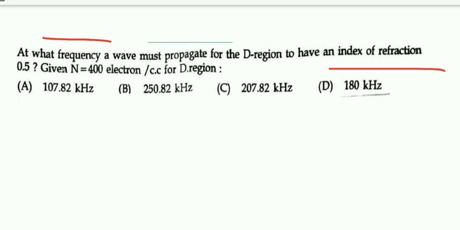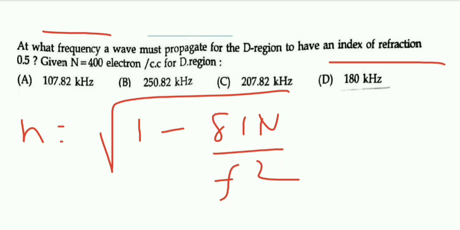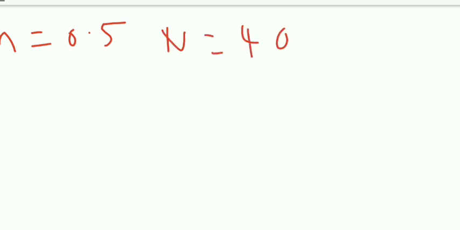So we know the relationship between the refractive index, frequency and electron density, which is given by n is equal to root of 1 minus 81 N divided by f squared, right? So n is 0.5, f we have to find, and capital N is 400 electrons per cubic centimeter.